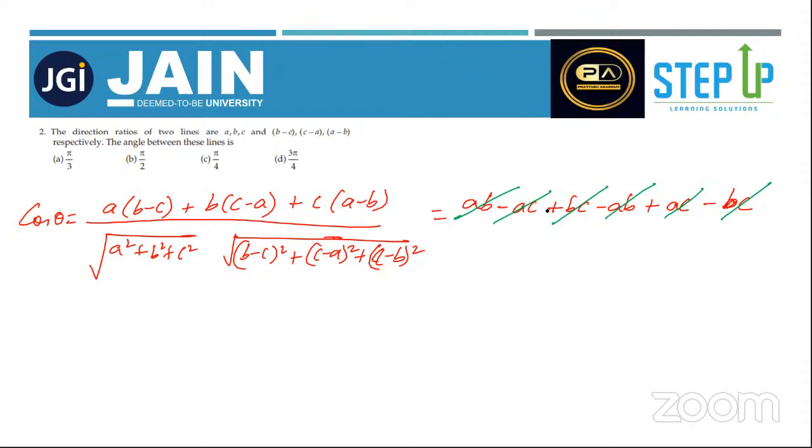So this entire term is equal to 0. Now, if cos theta equal to 0, what is theta equal to? 90 degrees, correct? So 90 degrees means the answer is option B, that is pi by 2. Any doubt, anyone? Guys, do you have any doubt?